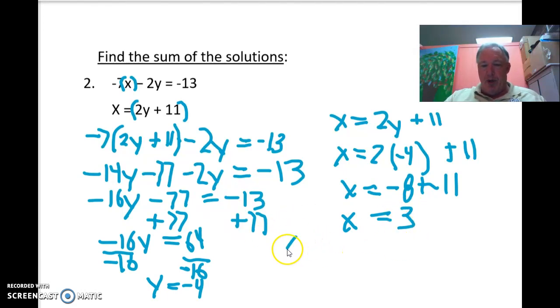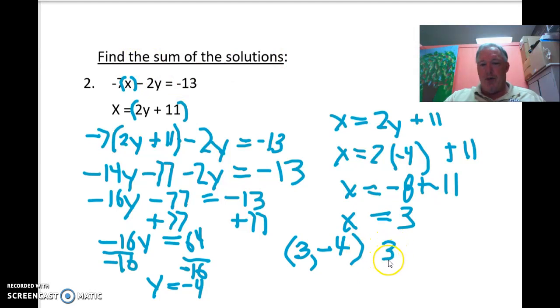Now before, what we did is we took the solution and we wrote it with the x number first and the y number, what y was equal to, second. But look at the direction. It says find the sum of the solutions. So what are we going to do? We're going to add x and y together.